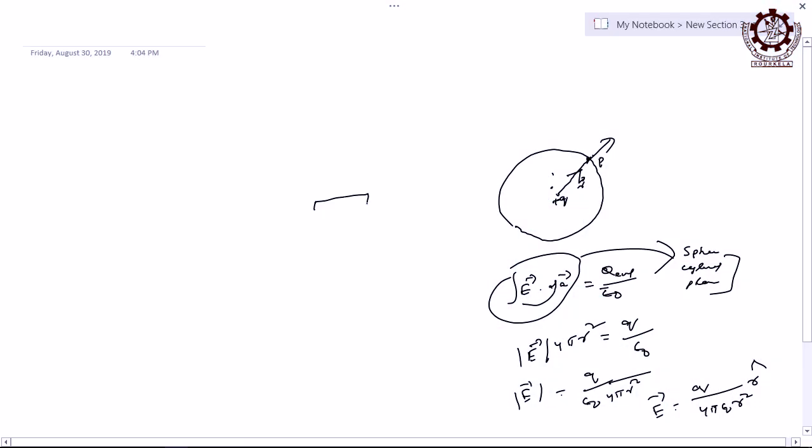If there is a uniformly charged sheet and we are calculating the intensity at a particular point, then for a charge sheet with uniform distribution you have to go for a plane Gaussian surface. You take one on this side as well as this side, just a sandwich, one in this direction, another in this direction. This is the plane sheet with surface charge density sigma.